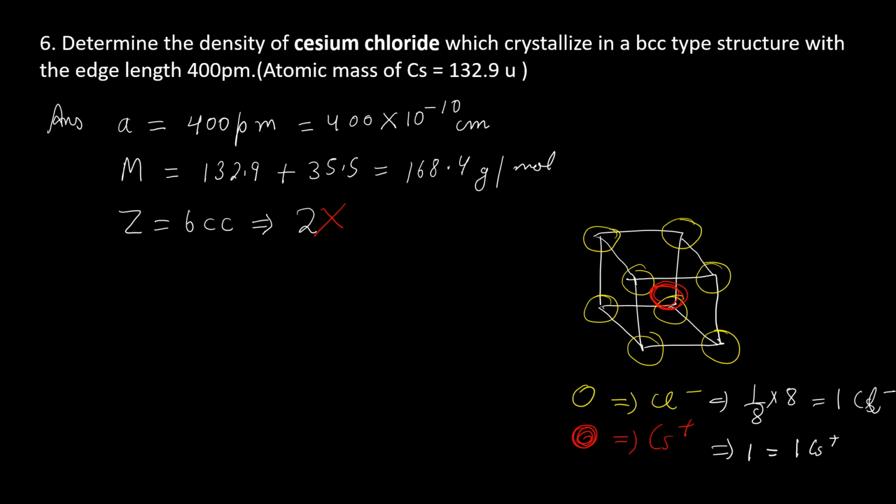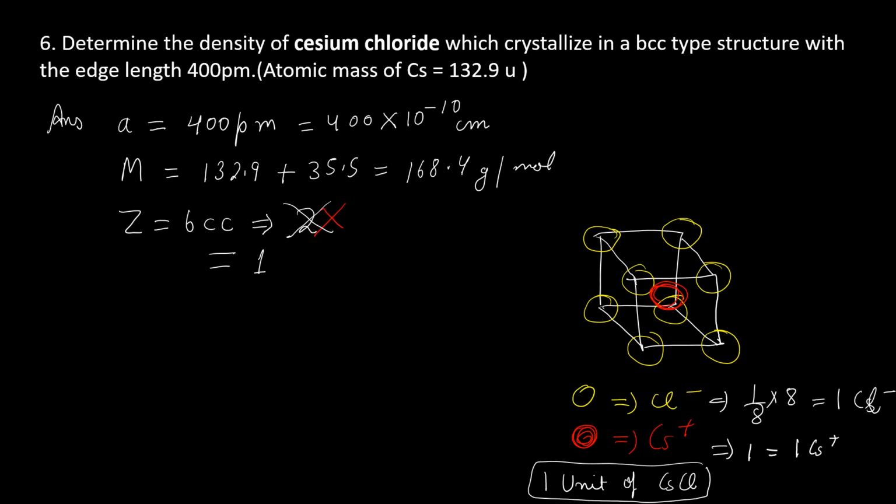But one cesium ion and one chloride ion will not make two atoms. Instead, they will make one unit of cesium chloride, right? That's why the value of Z will not be equal to 2, but it will be 1.